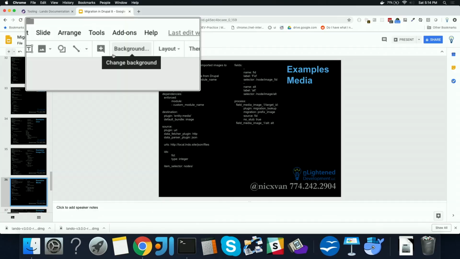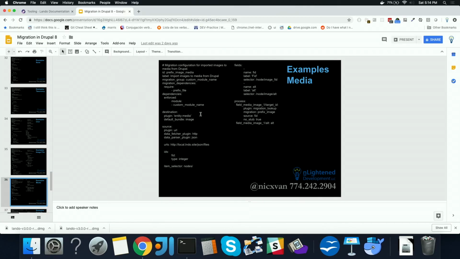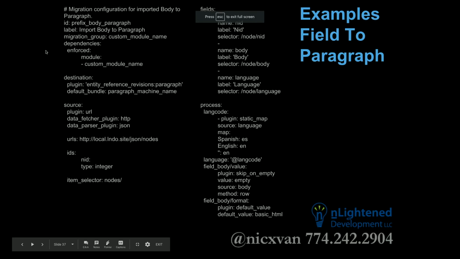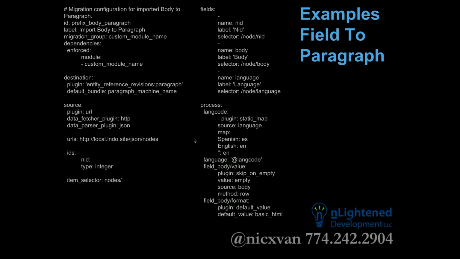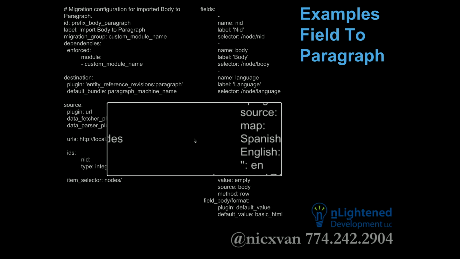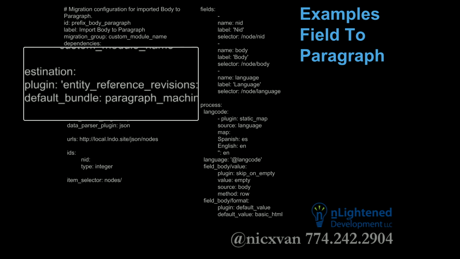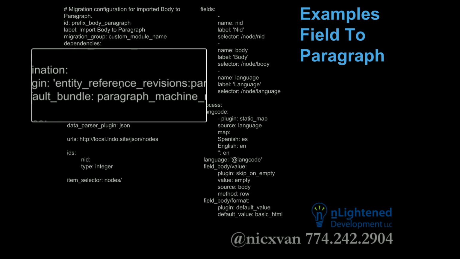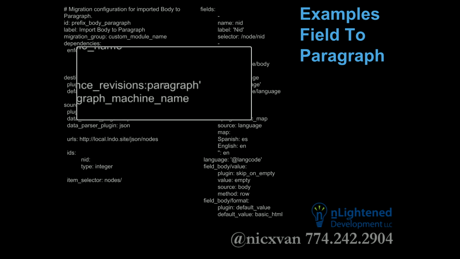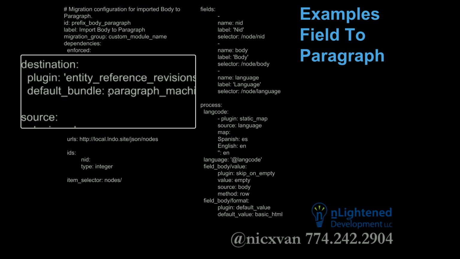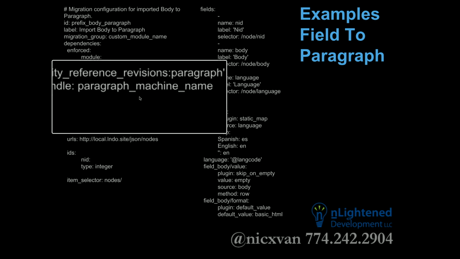Okay, so let's try to get through a couple more of these a little bit quicker. So the next one, this is a paragraph example, and this is also using the static map. Here, this one is slightly different. The plugin, like almost every other plugin, is just entity : whatever it is. Paragraphs are special, so they're actually entity reference revisions paragraph, and then you set whatever bundle you want.